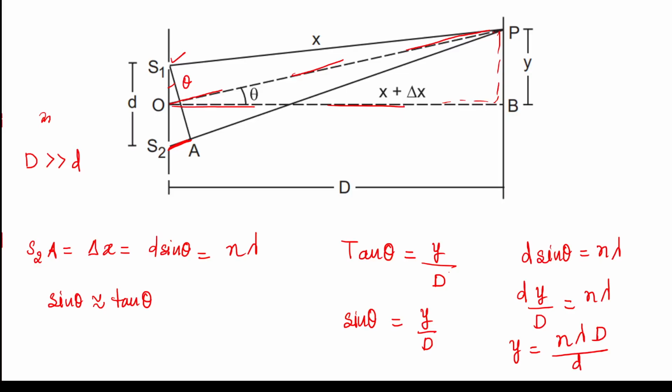Let's say the first bright fringe will be lambda D over d, and then the second bright fringe will be 2 lambda D over d. If I subtract them, I'll get the fringe width. So my fringe width is just the difference of the two.